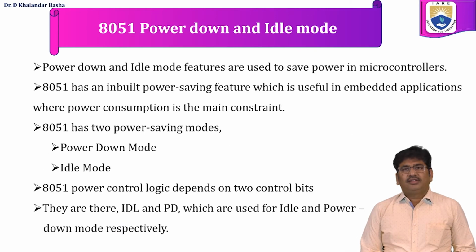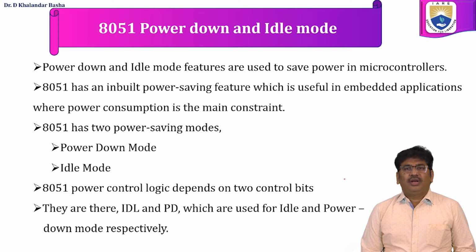The next one is PCON register. Before that, we will see the power down and idle mode in the 8051 microcontroller. The power down and idle mode features are used to save power in microcontrollers. 8051 has an inbuilt power saving feature that is useful in embedded applications where power consumption is the main constraint. 8051 has two power saving modes, power down mode and idle mode.